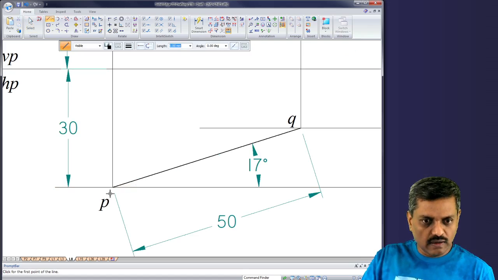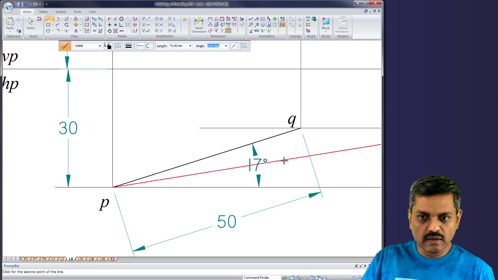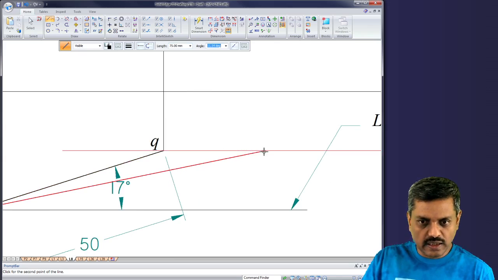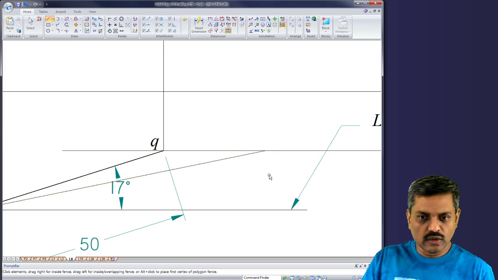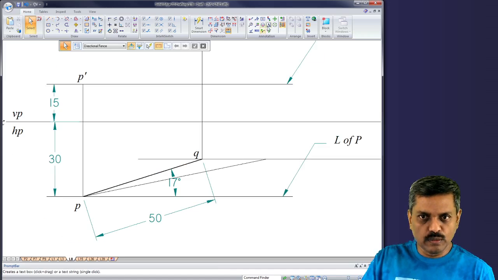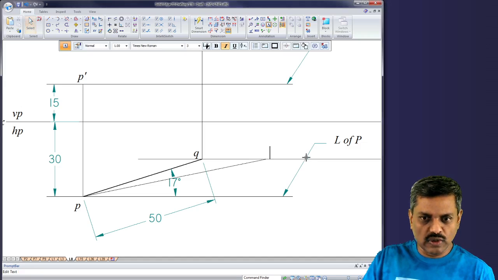So anyway, I pick up this particular point and then enter 75 mm length, and then exactly try to get the point where it meets or touches the locus. So that point happens to be, you can call it as q1 or q2 or whatever it is.